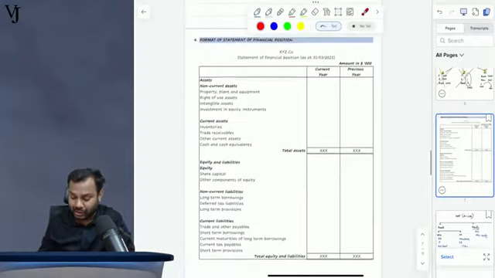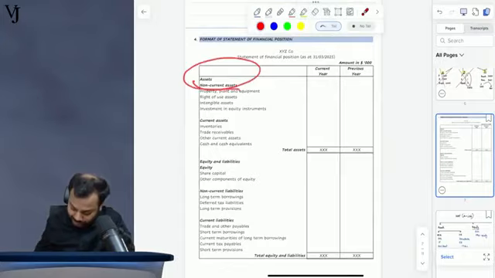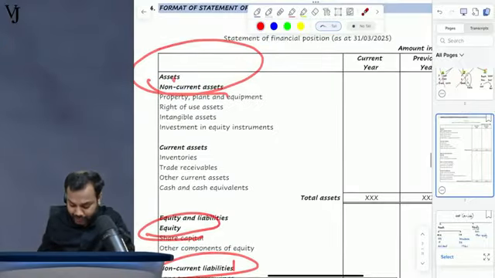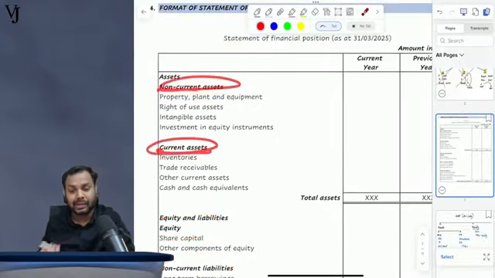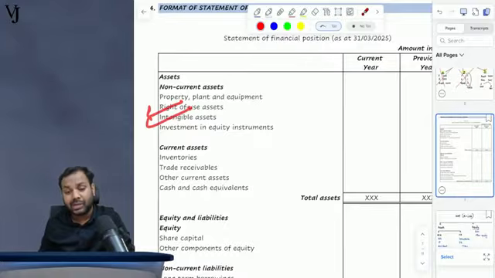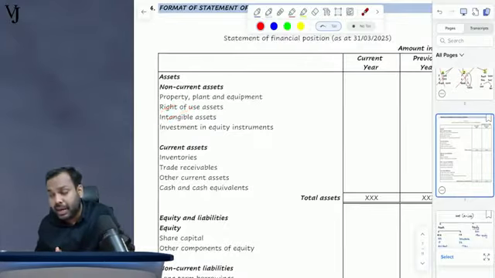SOFP has three elements: assets, equity, and liabilities. Assets are of two types: non-current assets and current assets. Under non-current assets, we write property, plant, equipment, investment property, capital work in progress, investment property under development, right of use assets, intangible assets under development.